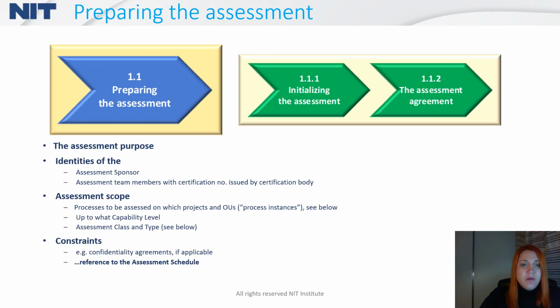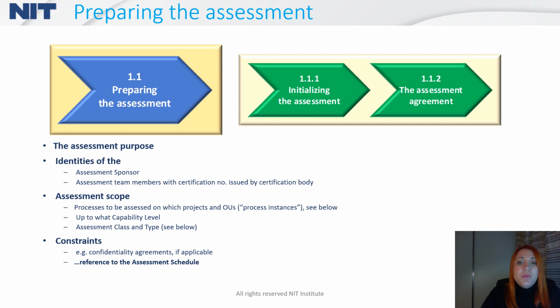In the phase of the preparation of the assessment, the first thing is that we need to know what are the assessment roles, like who is the sponsor and who is the assessment team lead and who is the co-assessor or co-assessors. This is important because we need to align in between assessment participants, what is the schedule, and what are the other things which are important on the beginning.